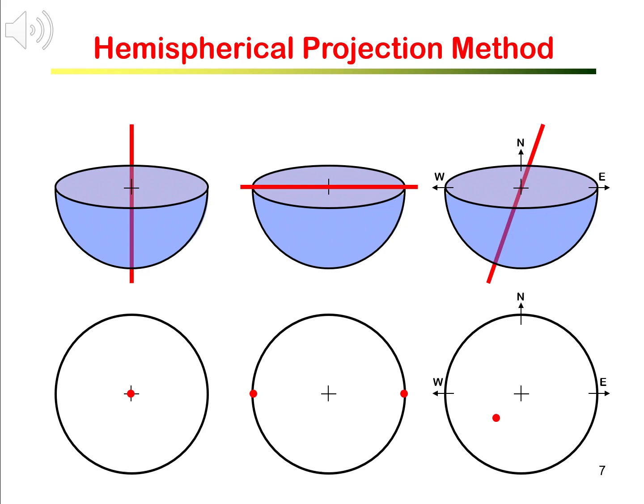The horizontal line will cut the sphere with two marks on the horizontal circumference. So on the plane, you will have 2 points as shown in the middle diagram.